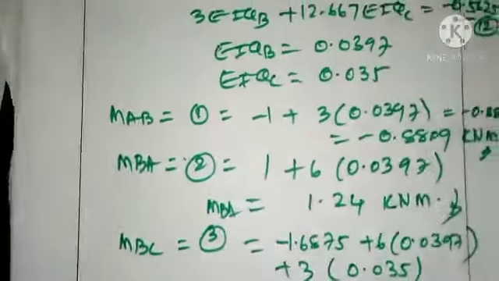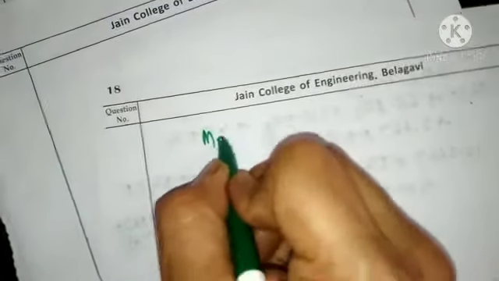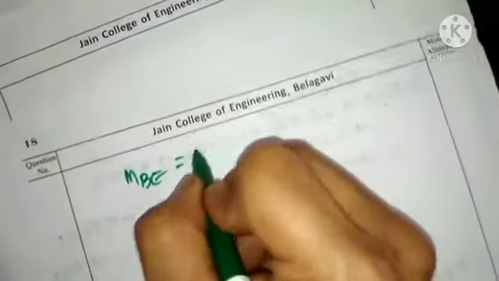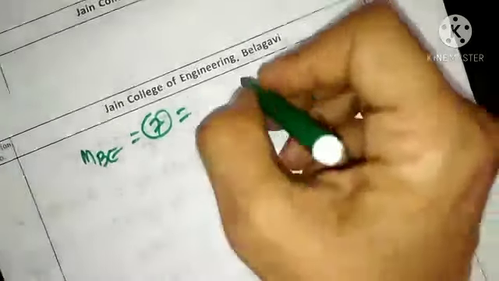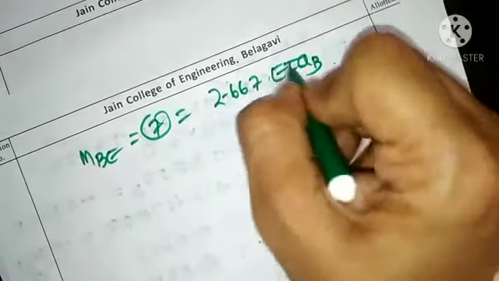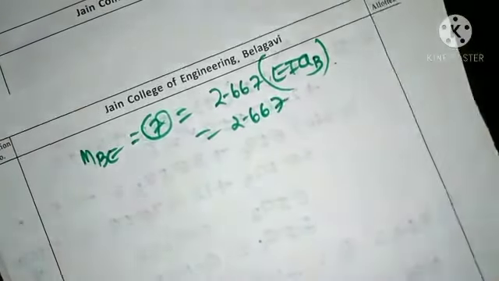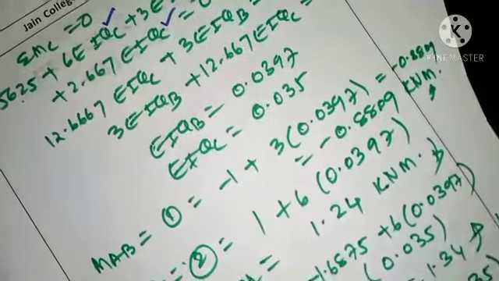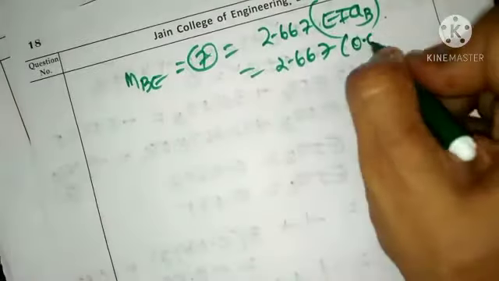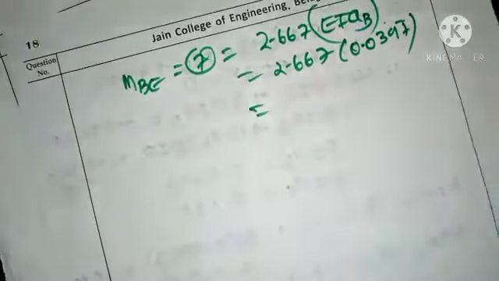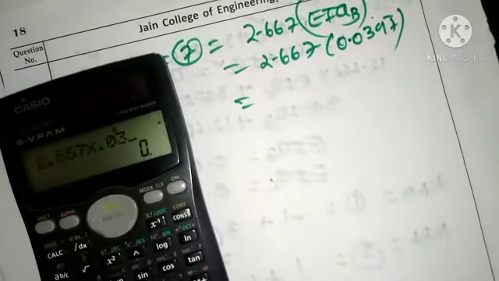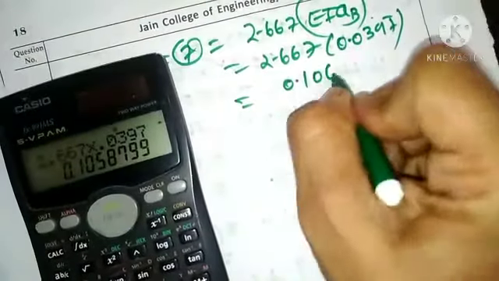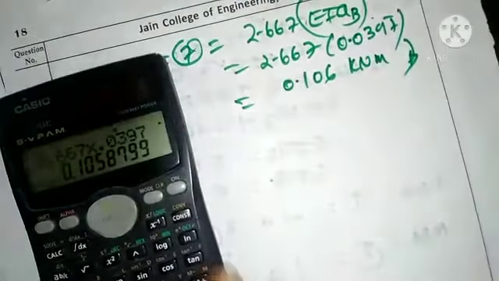Next is MBE. The MBE equation is equation number 7, which is 2.667 EI theta B. The theta B value we calculated is 0.0397, so it is 2.667 into 0.0397, which is 0.106 kilonewton meter, since it is positive clockwise.